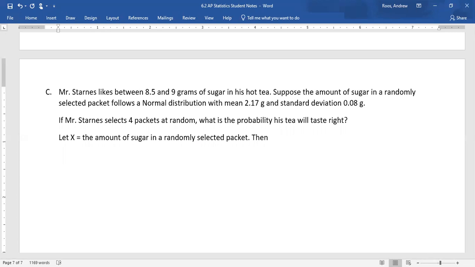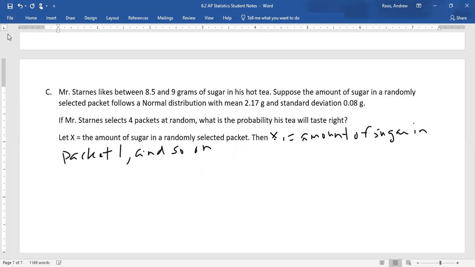Then X sub 1 would equal the amount of sugar in packet 1, and so on. We are interested in the total amount of sugar, so total sugar T would equal X1 plus X2 plus X3 plus X4.